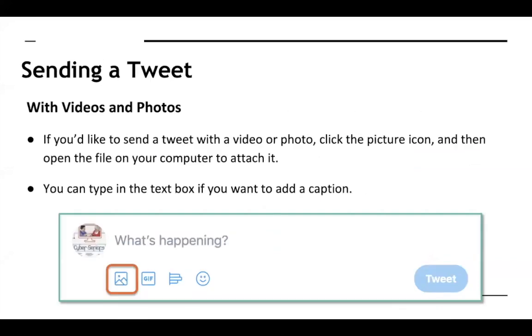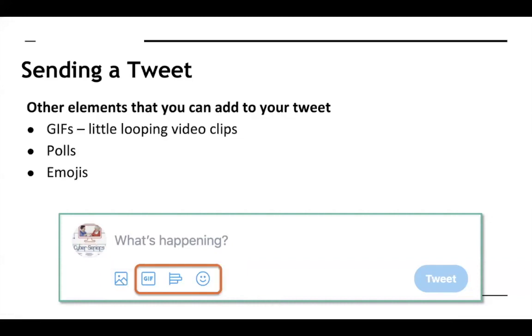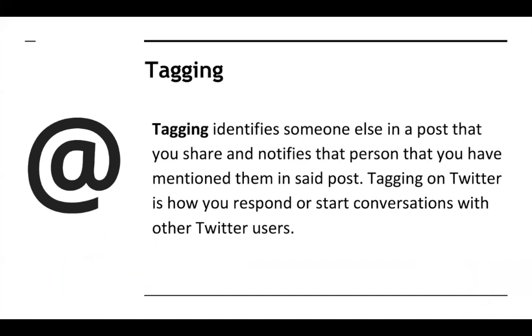The same message box will also let me upload a picture by clicking on the icon that is highlighted here, or also a GIF, a bar diagram or a chart, or an emoji. So we can all do that using the tweet setting bar on the top of the screen.